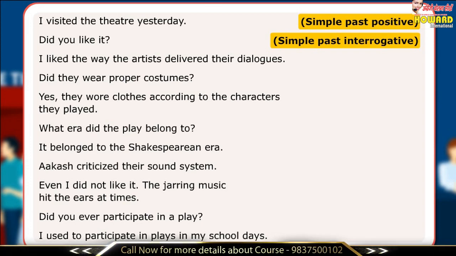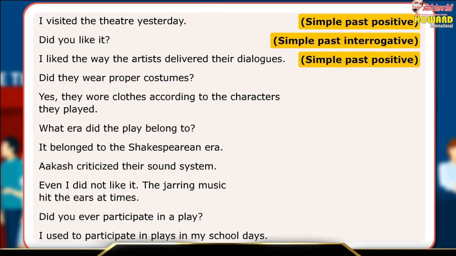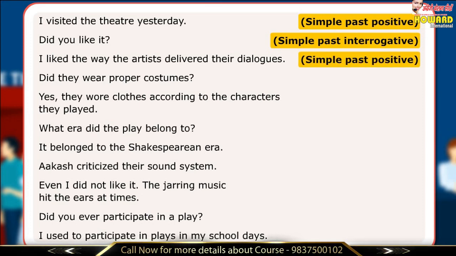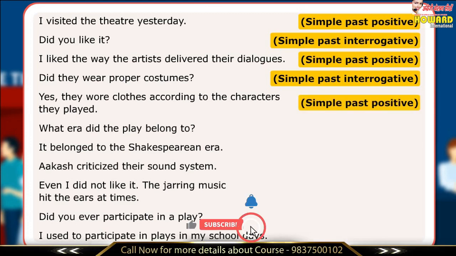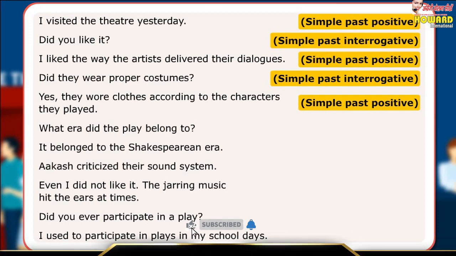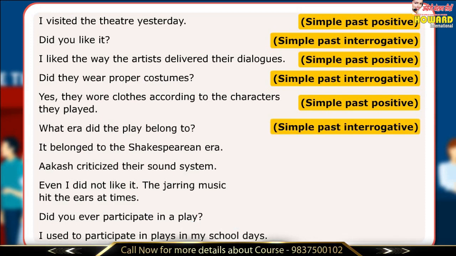I liked the way the artists delivered their dialogues. Simple past positive. Did they wear proper costumes? Simple past interrogative. Yes, they wore clothes according to the characters they played. Simple past positive. What era did the play belong to? Simple past interrogative.